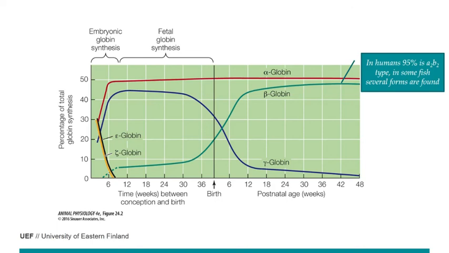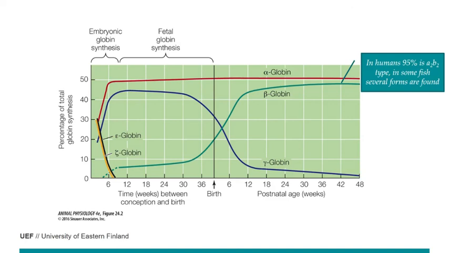And then we are increasing the amount of alpha globin and gamma globin. But during birth, we are now reducing the gamma globin, which binds oxygen more eagerly. So that's why the fetus can steal the oxygen from the mother. And now it will be changed to beta globin, but actually not completely.